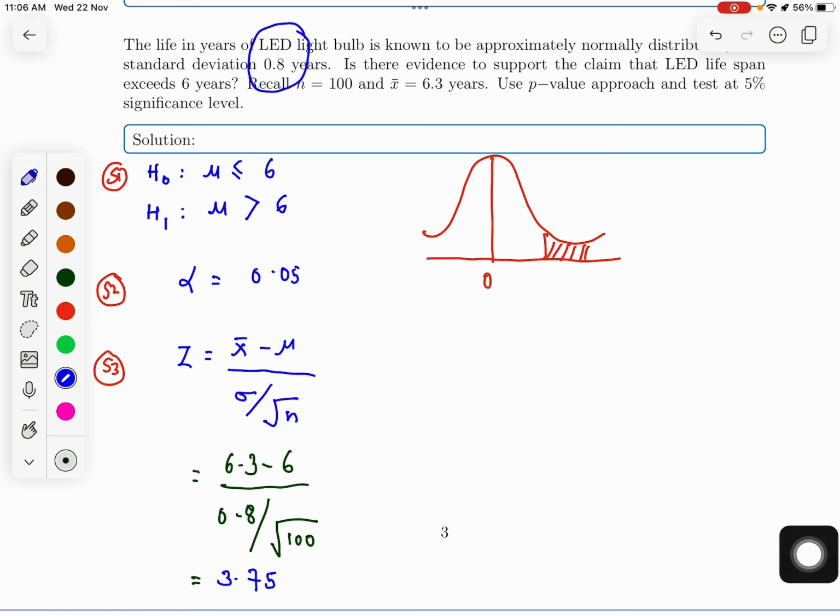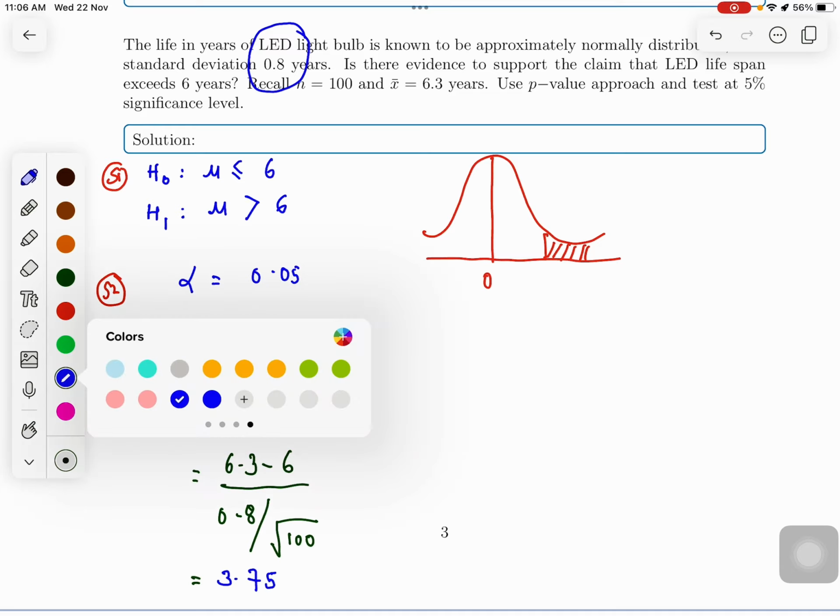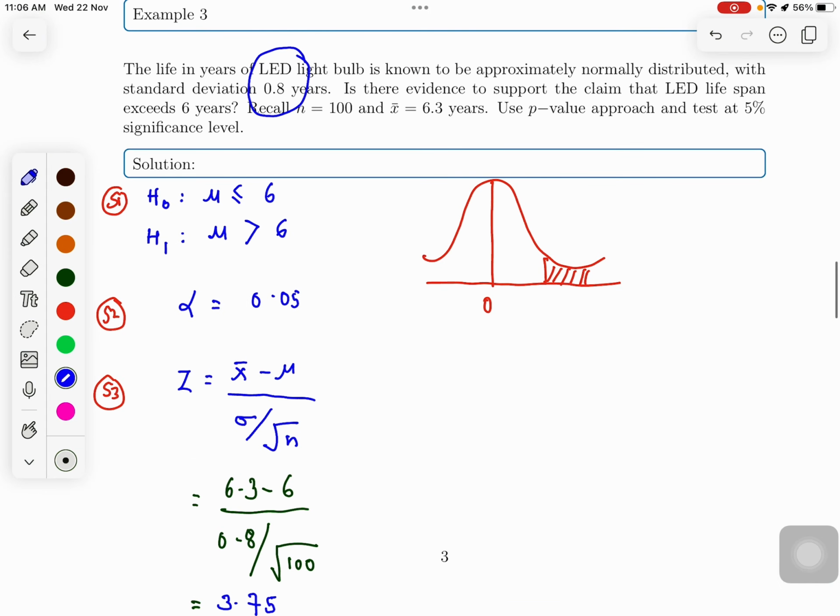Okay, 3.75. From this 3.75, we need to find the area, the rejection area ni, how big ataupun the probability of the rejection region tu, ataupun luas kawasan dia berapa.